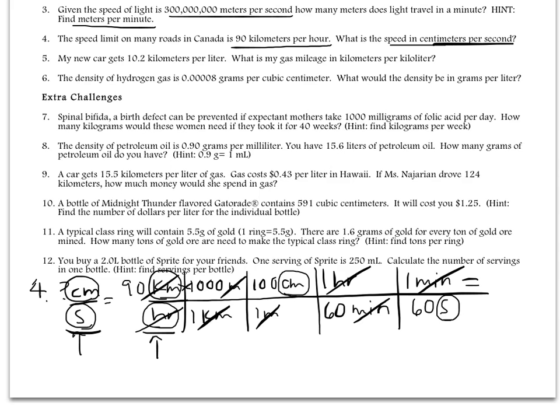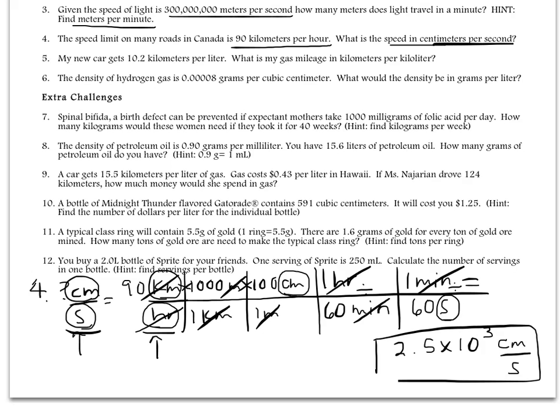You've got 90 times 1,000 times 100 divided by 60, and then divided again by 60. So if you do all of that, you should get 2.5 times 10 to the third, or 2,500 if you're not in scientific notation, centimeters per second. And that will be my final answer.